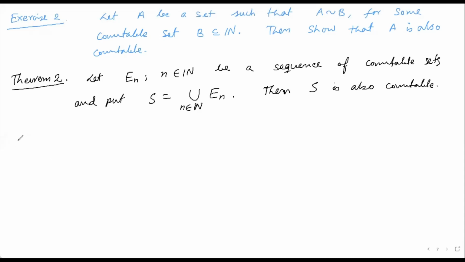Now we prove this. Because En is countable for every n belonging to the set of naturals, in particular E1 is countable. So we can arrange the elements of E1 in a sequence of distinct terms: x11, x12, x13, x14, and so on.